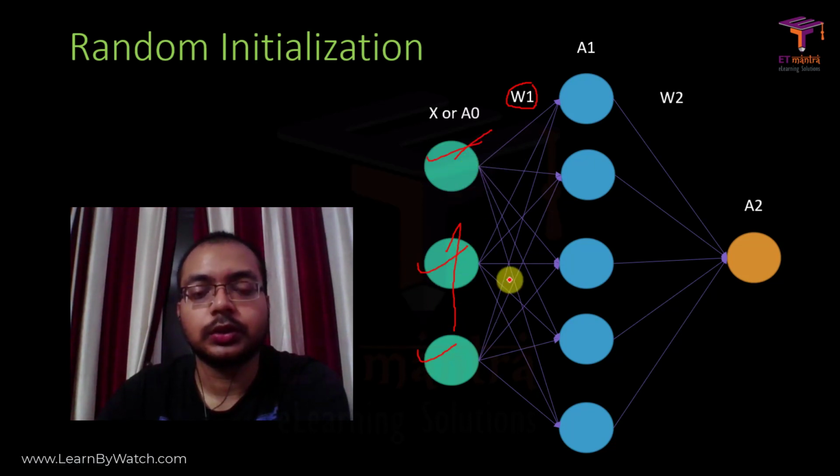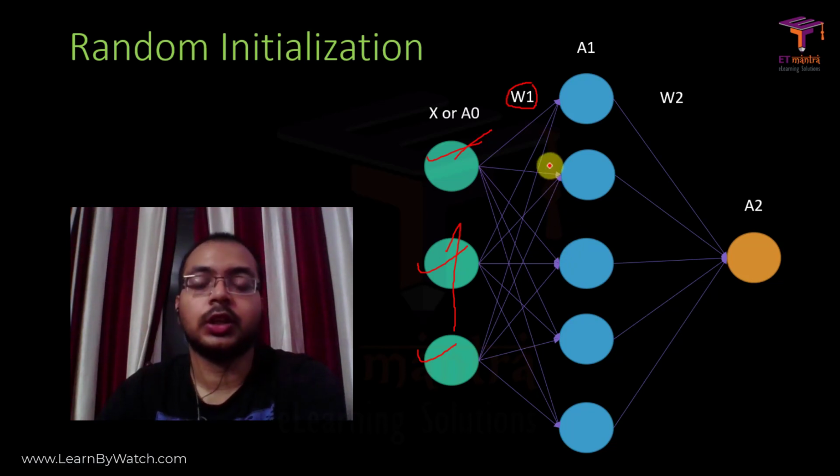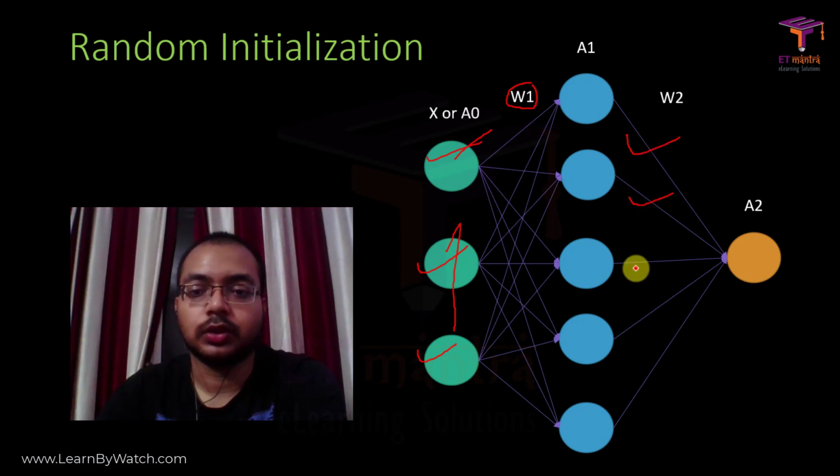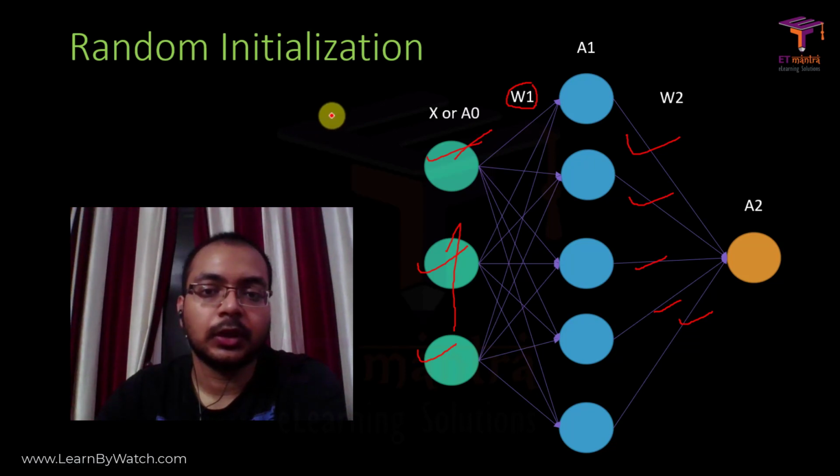So they all would output in a similar way. And suppose each of these are also the same, so all of these would also output in a similar way. There would be no difference. So for that, random initialization is necessary.